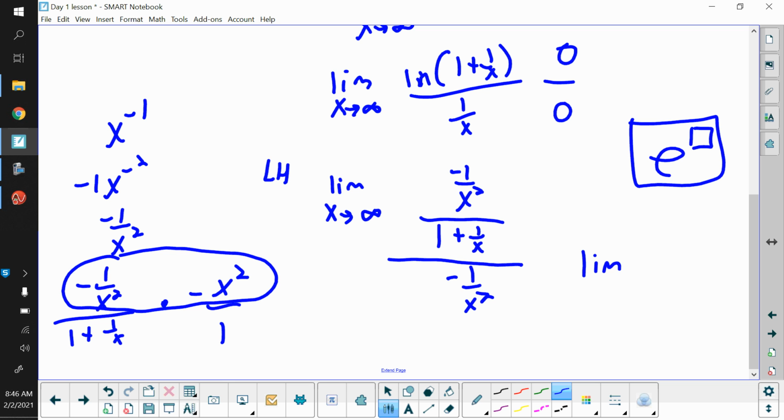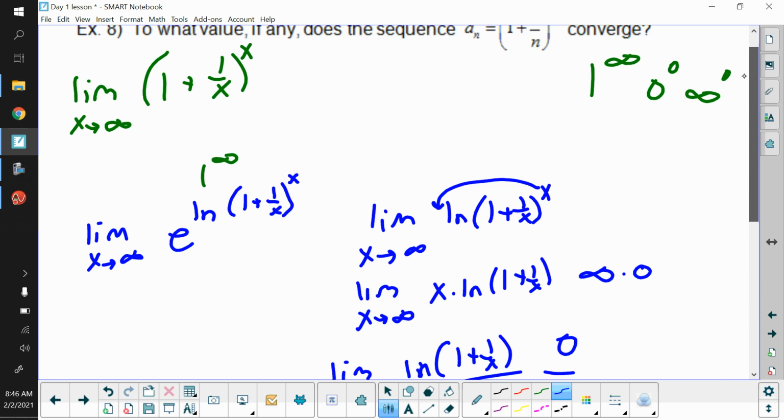So we're going to have limit as x approaches infinity of 1 in the numerator, and on bottom, we'll have 1 times 1 + 1/x. Well, now as x goes to infinity, the 1 over x goes to 0, so this will just be 1 over 1, which is 1. Don't forget we had to do e raised to that, so we have e to the first, so really we just have e. So let's go back and look at the original.